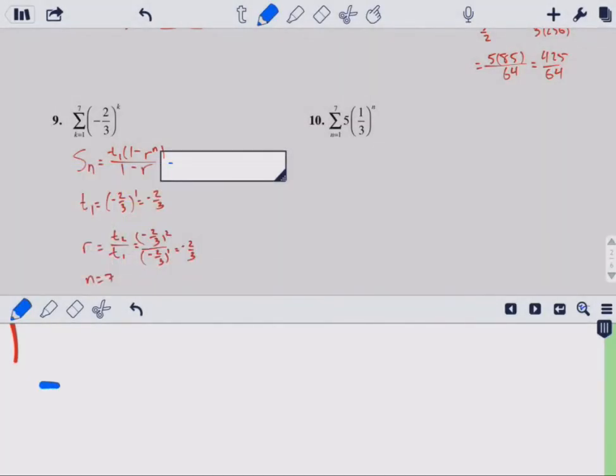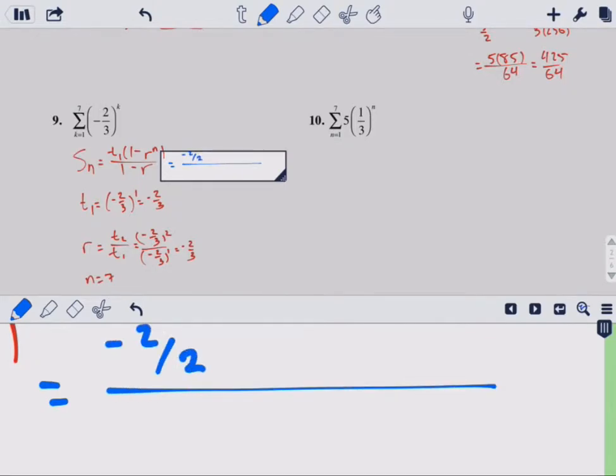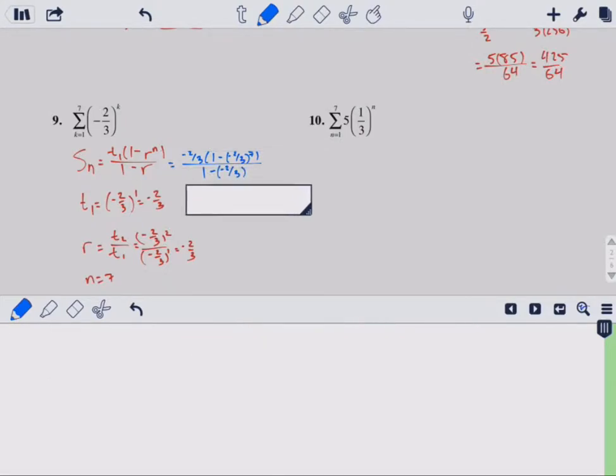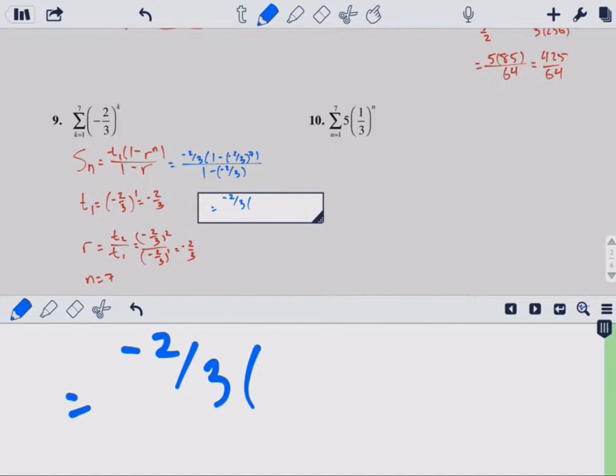So we'll come over here. We'll say we've got t sub 1, negative 2/3, times 1 minus a negative 2/3 raised to the 7th over 1 minus a negative 2/3. Okay, so let's just start simplifying. 2/3 to the 7th.